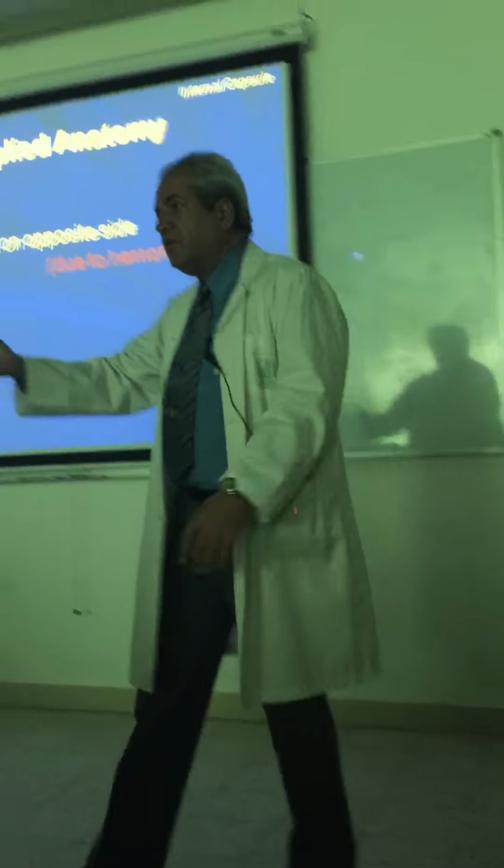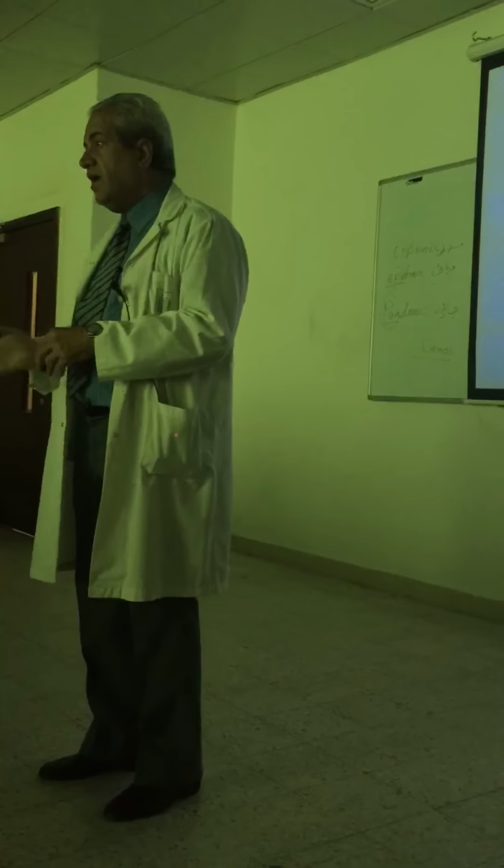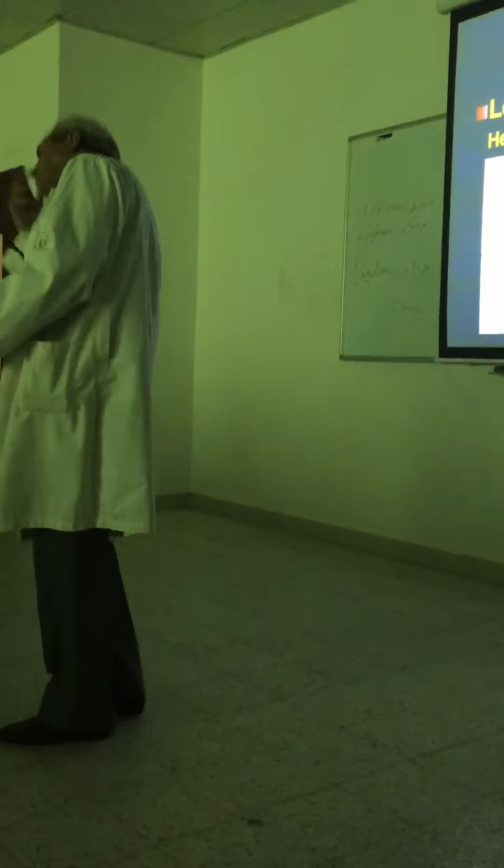You have a patient who is about 60 years or above, 60, 70 years, who is normal, but has a history of hypertension. Sometimes he falls down suddenly, becomes unconscious, and when you examine, half of the body is paralyzed.